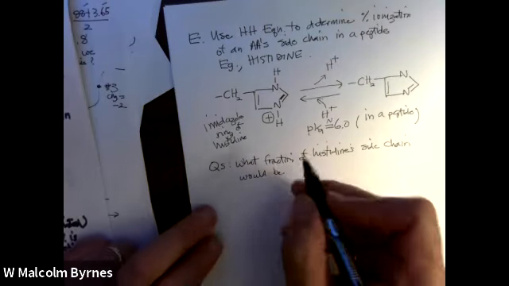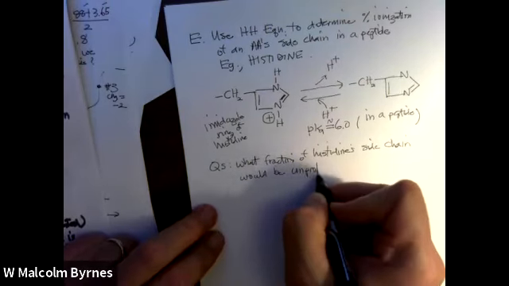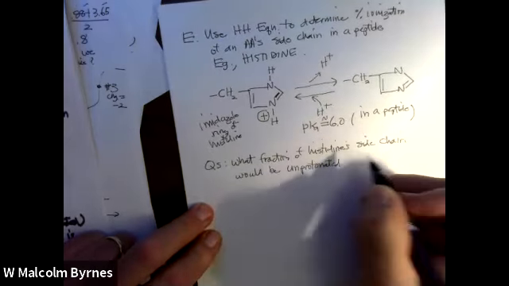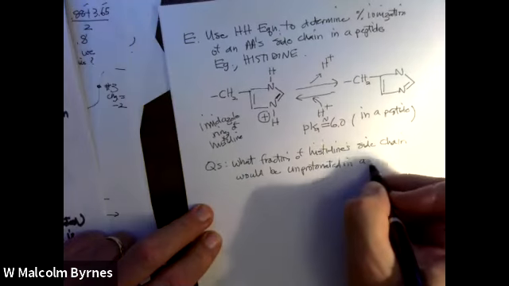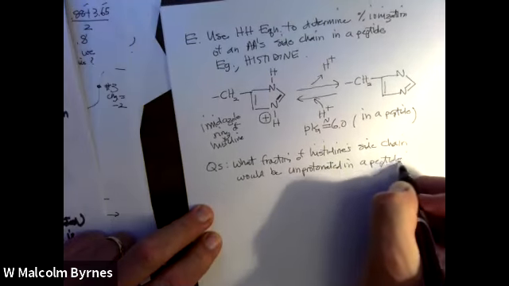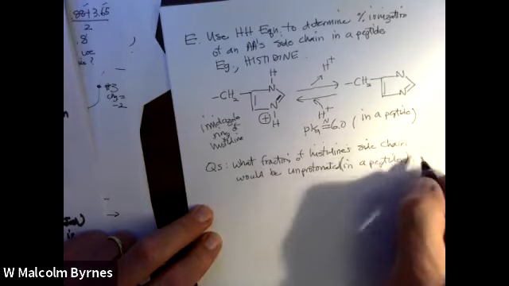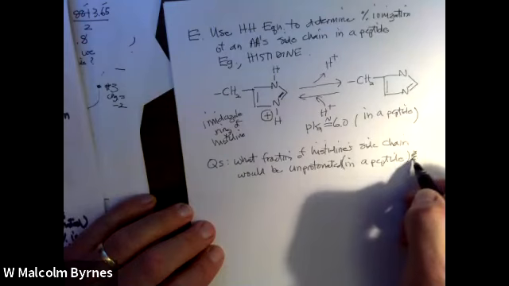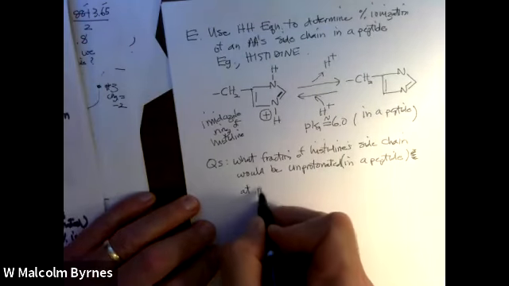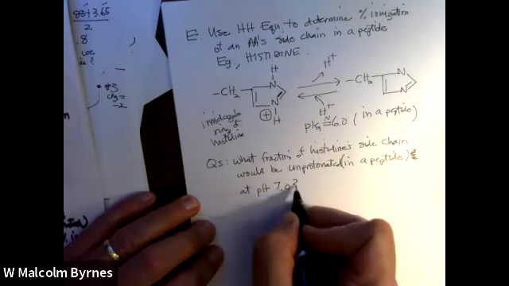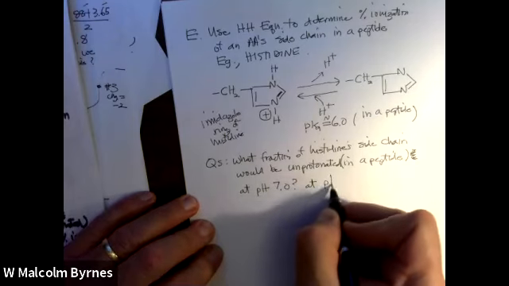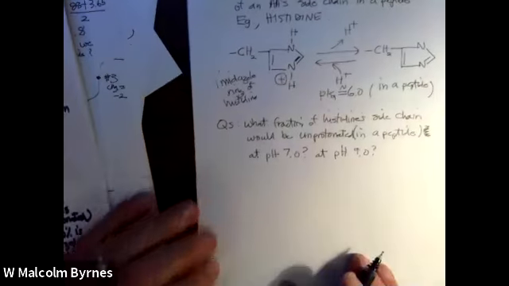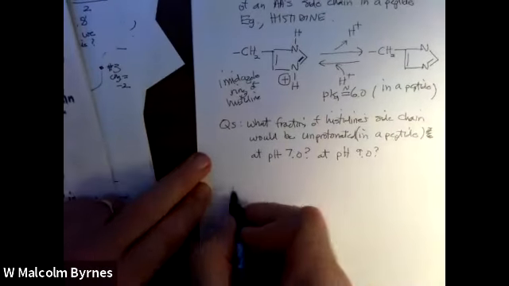I'm going to say unprotonated, in a peptide. I need to specify that because, again, in a protein, it's a different story. And let's look at two different pHs: at pH 7.0 and at pH 9.0. So at 7.0.